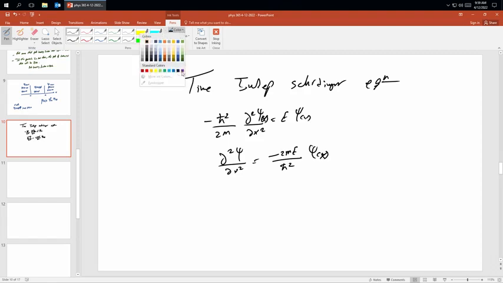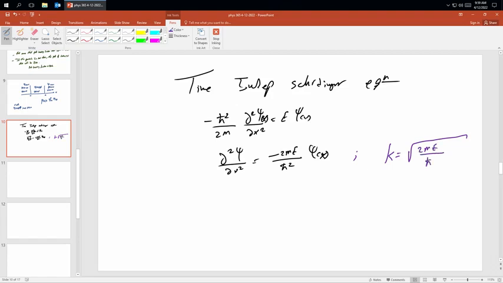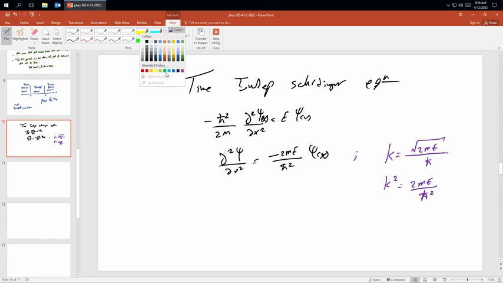Now, if you remember, we had a k that equaled what? Remember our k? 2mE over h bar squared, right? That means your k squared is going to equal 2mE over h bar squared, which looks like this little fella right now over here, right?